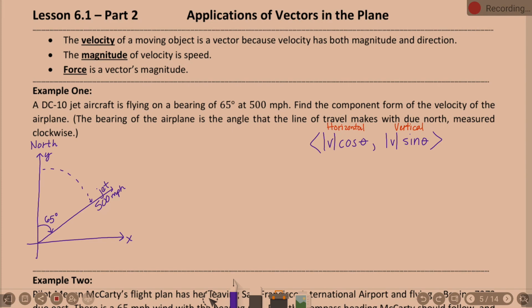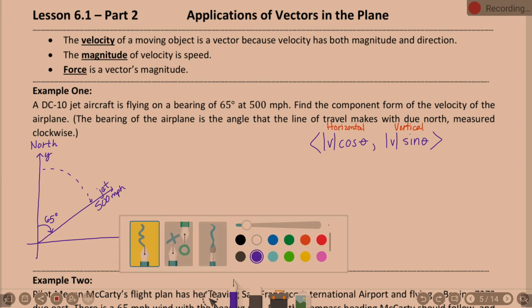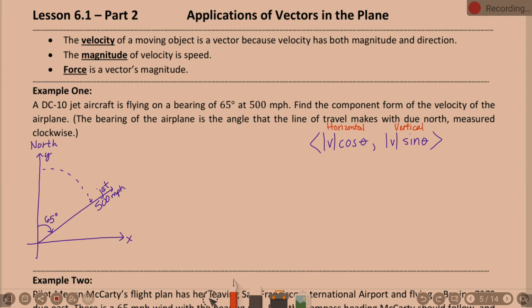Direction angle is not going to be the same as your bearing necessarily. If I want to talk direction angle, I'm talking about how far this vector is up from the x-axis. And how am I going to find that? We're going to subtract it from 90, because together they make a right angle.